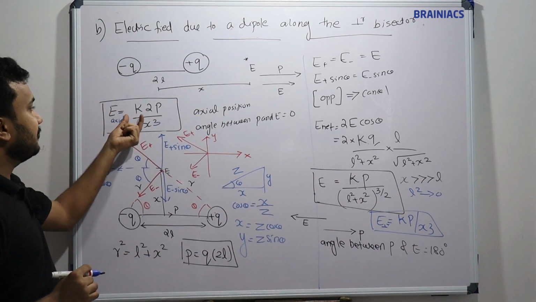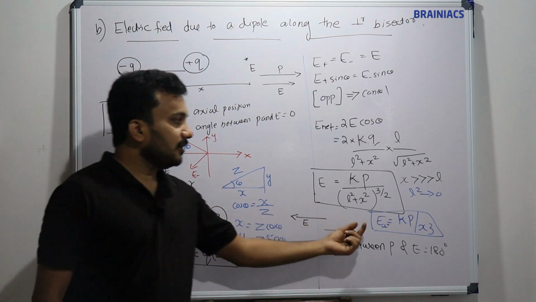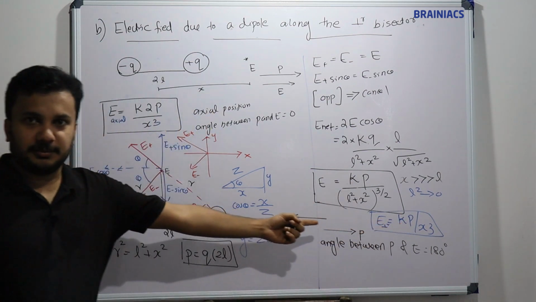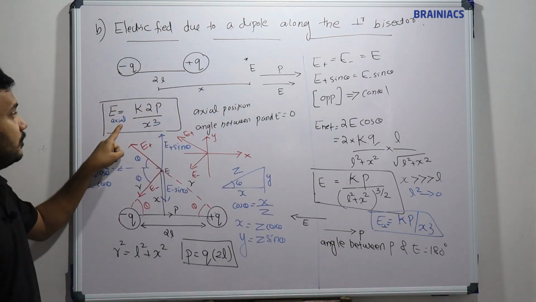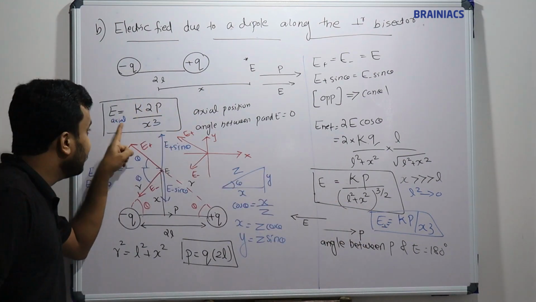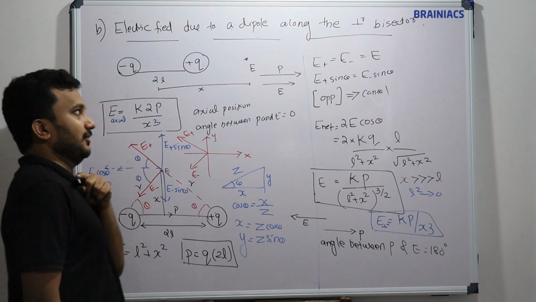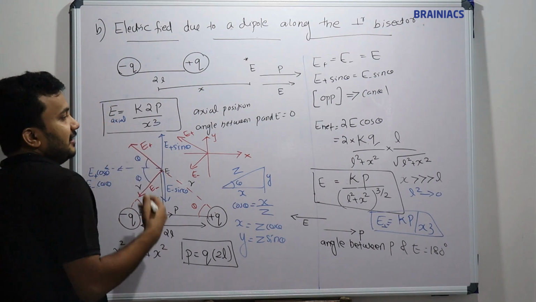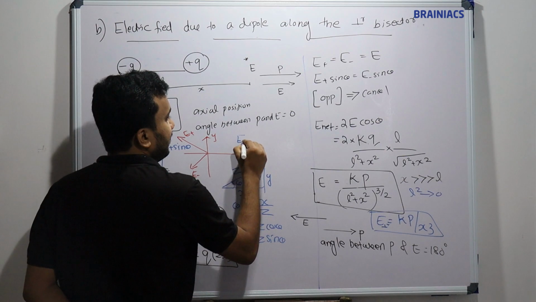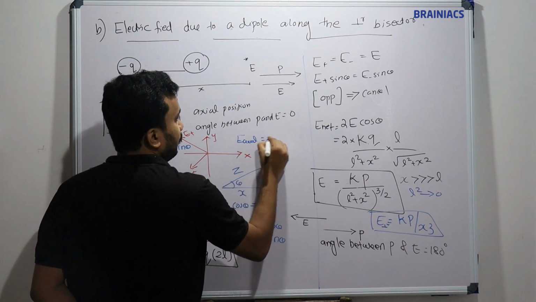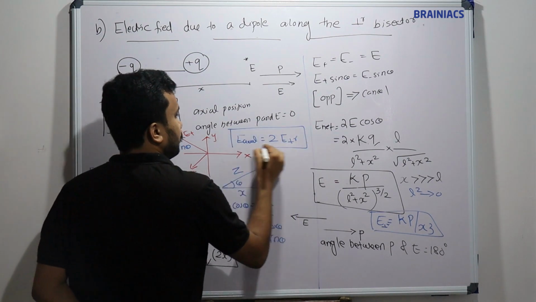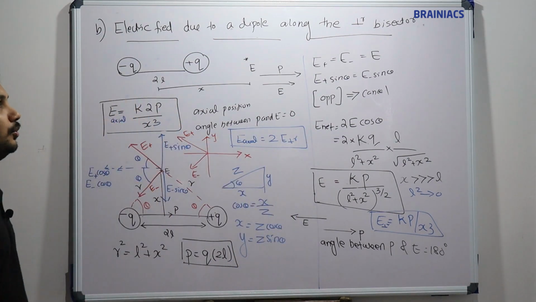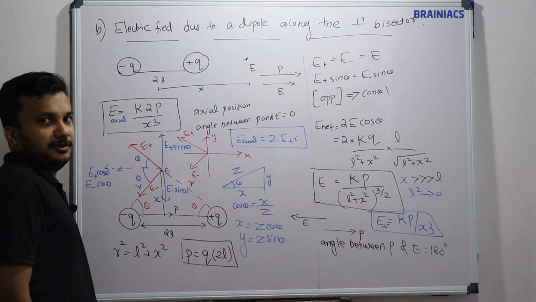Axial electric field is K into 2P by X cube, perpendicular is just Kp by X cube, there is no 2 here. So 2 times the perpendicular electric field will be equal to the axial electric field. So just add an additional point: E axial is equal to 2 times E perpendicular.